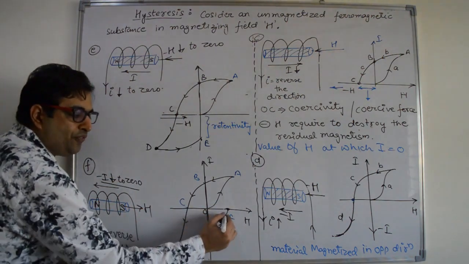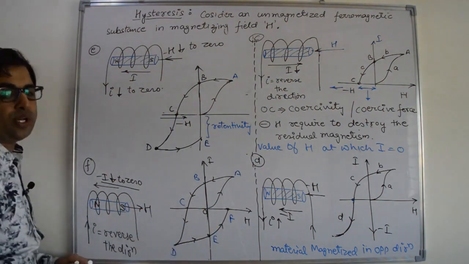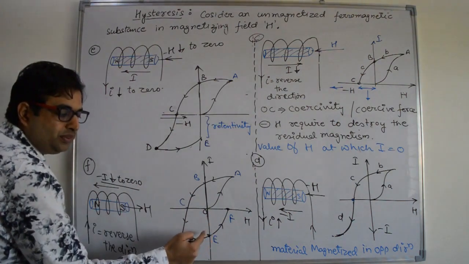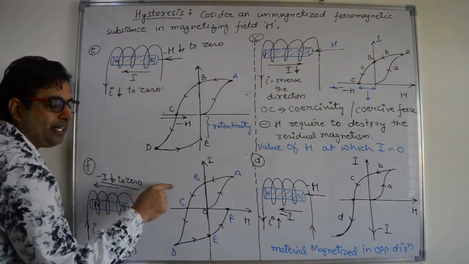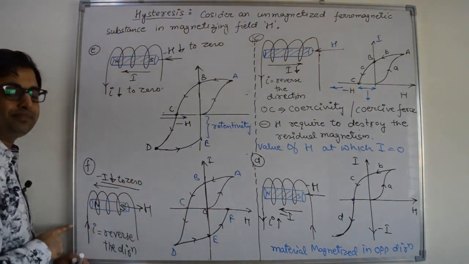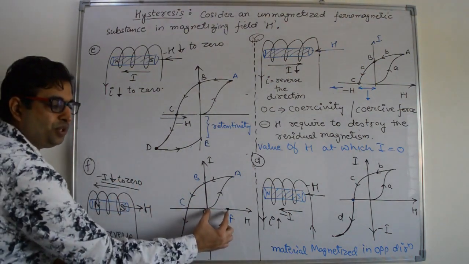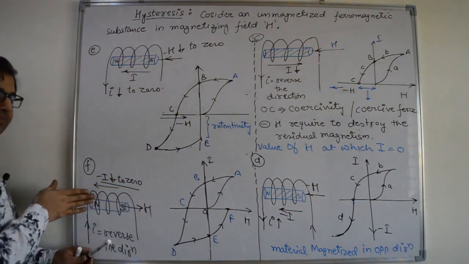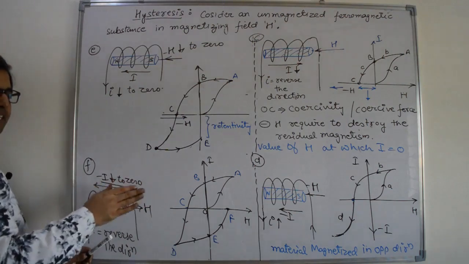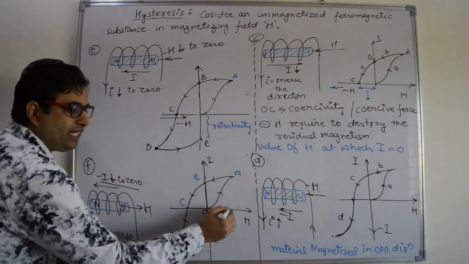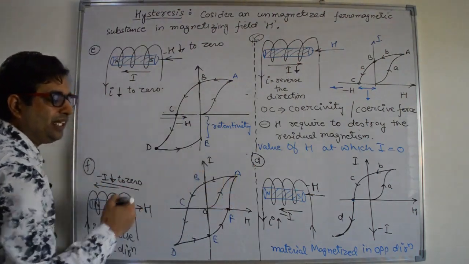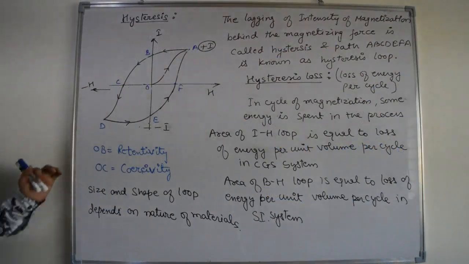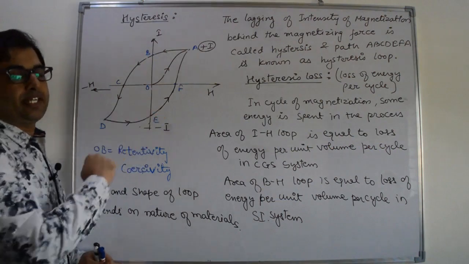This OF value is also known as coercivity, the value of H required to destroy the residual magnetism in the material. As we increase the current, the magnetic field will increase in the right direction, and again the material will magnetize to the initial level, right? This is the complete hysteresis loop.